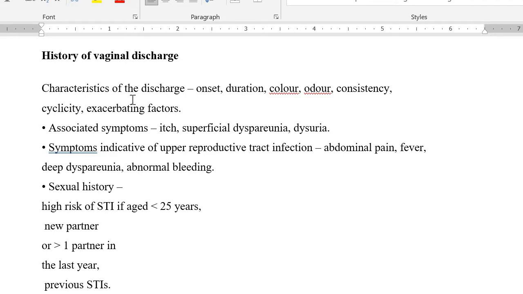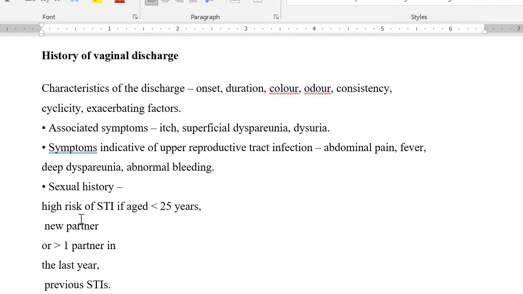We will ask her about the characteristics of the discharge: onset, duration, color, odor, consistency, cyclicity, exacerbating factors. We will ask about associated symptoms like itch, superficial dyspareunia, dysuria. We will ask about symptoms indicative of upper reproductive tract infection like abdominal pain, fever, deep dyspareunia, abnormal bleeding.